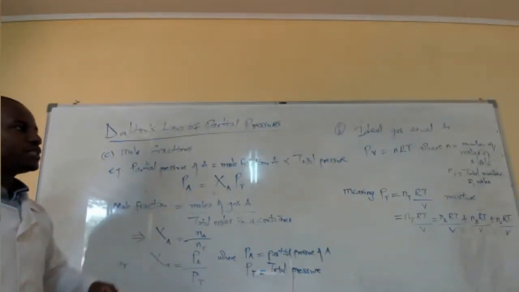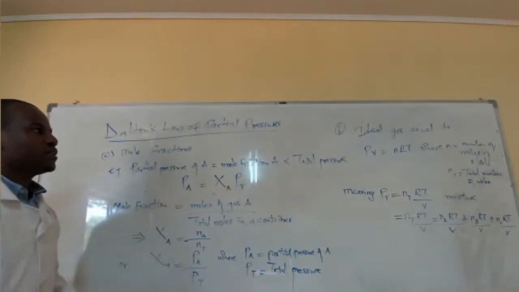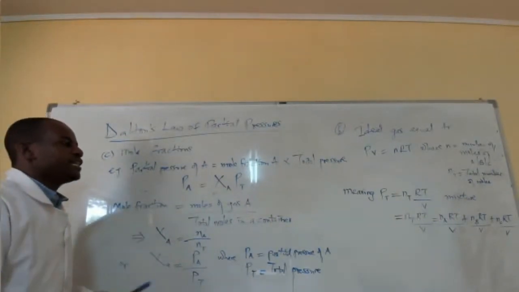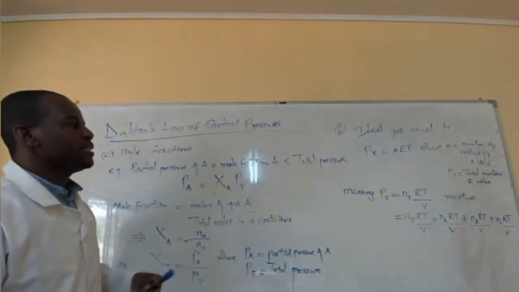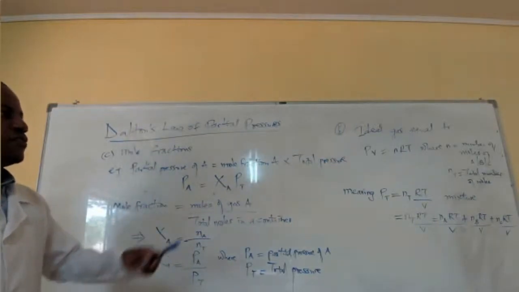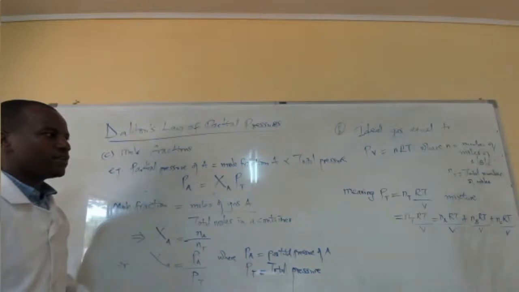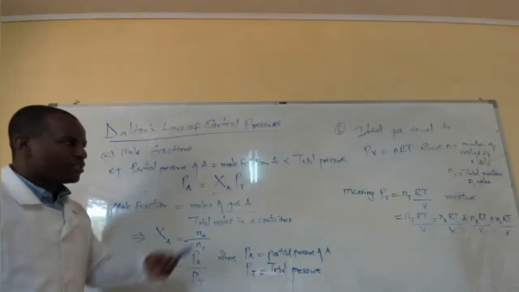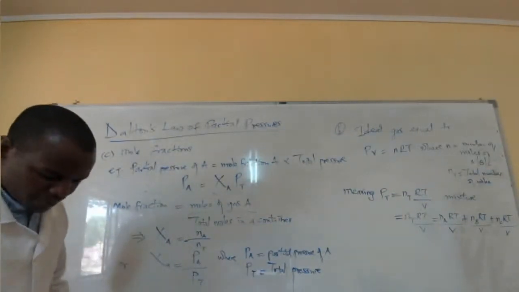We can also use the ideal gas equation, since we are concerned with ideal gases, and for gases in a mixture we look at the partial pressures and RT. By substituting the pressure there, since we want to calculate the total pressure, we can also use the ideal gas equation for the partial pressures.